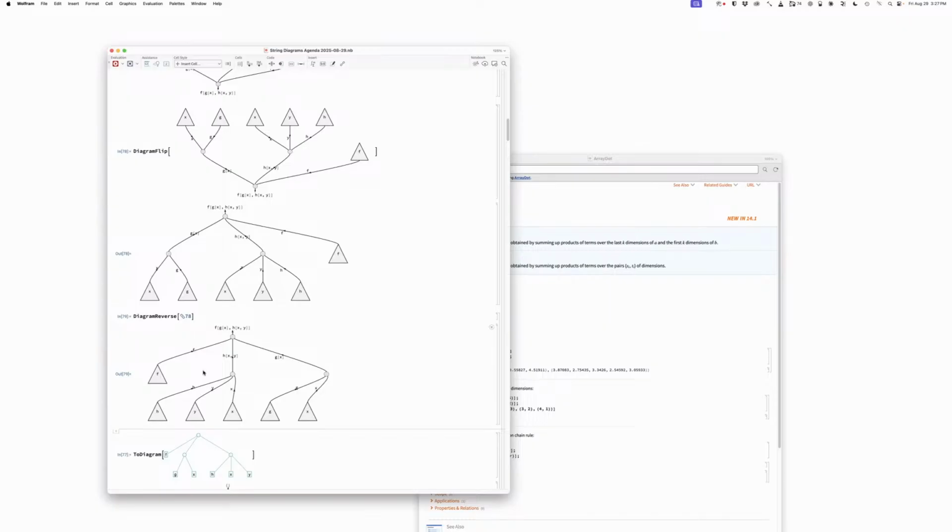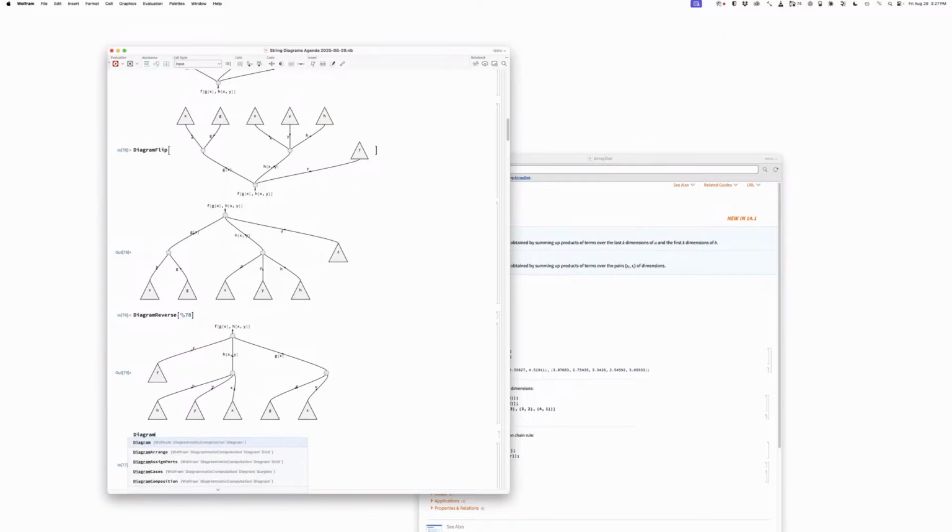Well, you can think of any diagram as a tensor. You can do diagram tensor and you'll get something, whether it's meaningful is another question. Yeah. That's pretty wild.